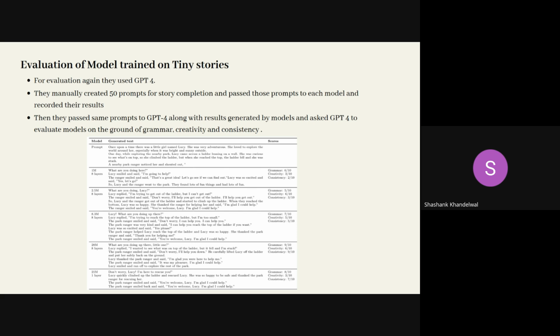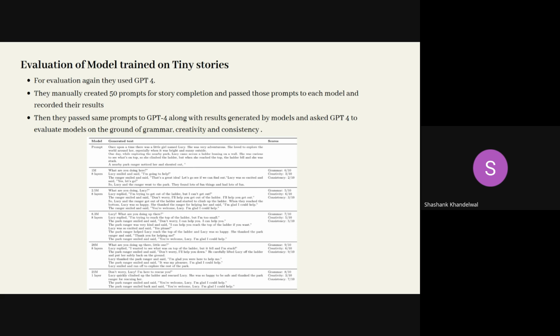They also fed GPT-4 the responses of each model, and then asked GPT-4 to evaluate the responses and come up with a score on the basis of grammar, creativity, and consistency.